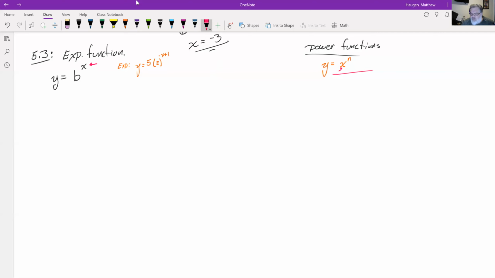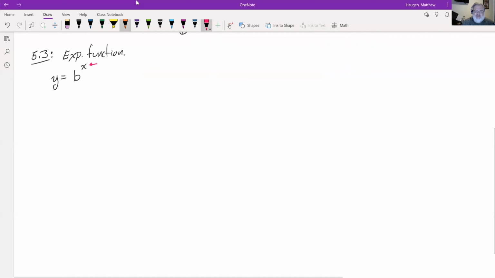But the base was always the variable. The big thing that makes exponentials different is that the variable is in the exponent position. So that's what's going to make these things behave differently. That's the big deal we're looking at in this section: what happens with that variable up there.